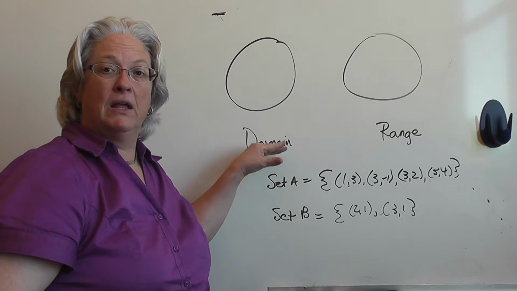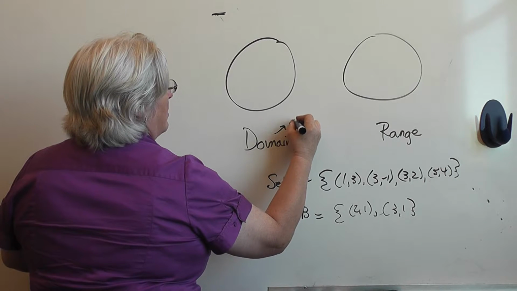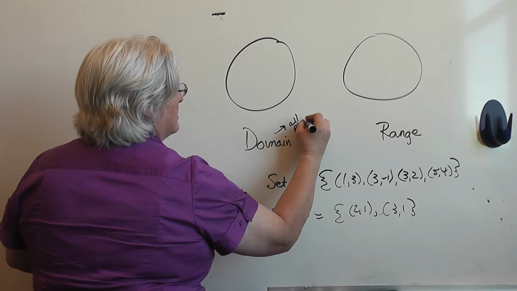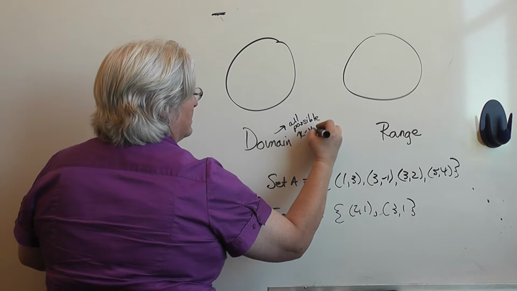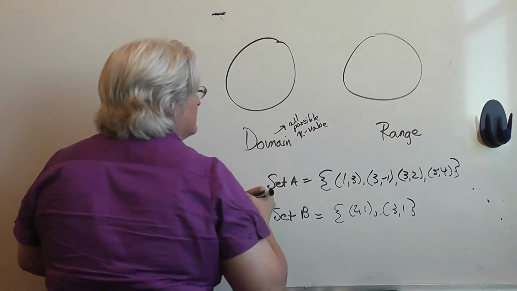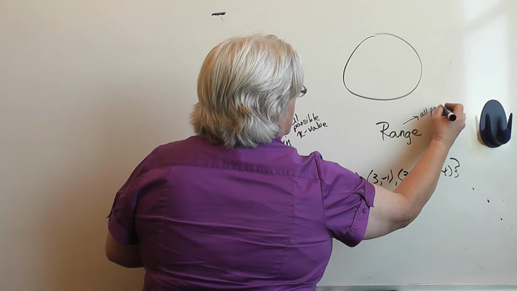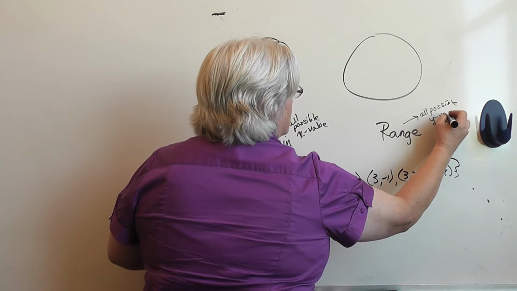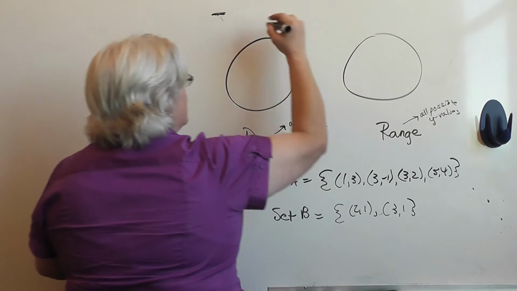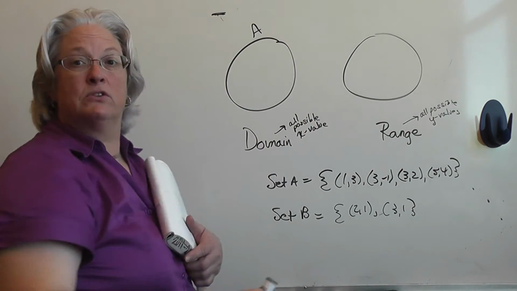So what the domain is, that's all the x values. All possible x values. Boy, I wish I had different colors. All possible x values. And the range is all possible y values. So if this is set A, what possible x values do we have here?